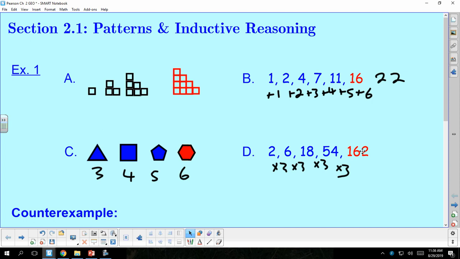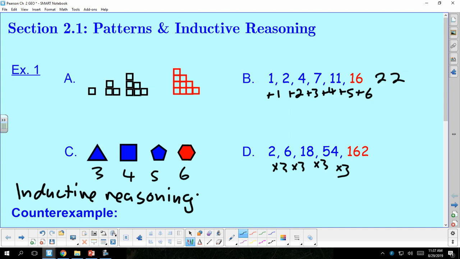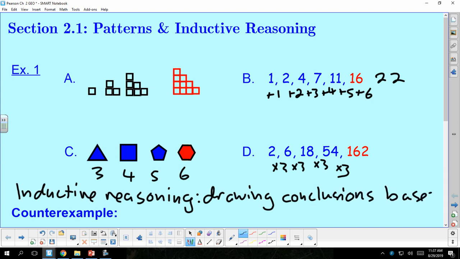So inductive reasoning: drawing conclusions based on an observed pattern.